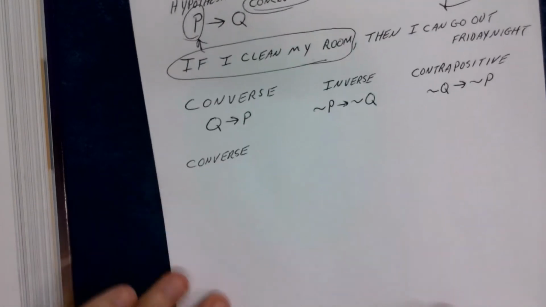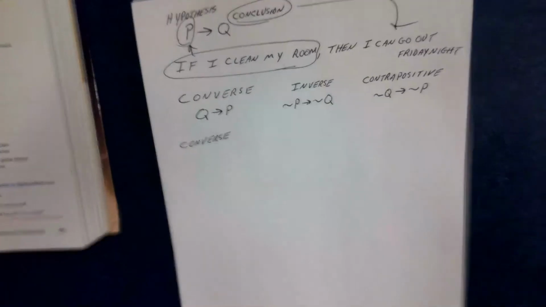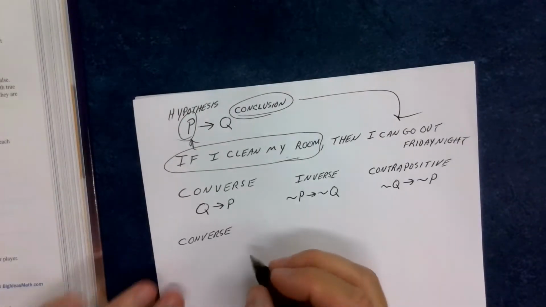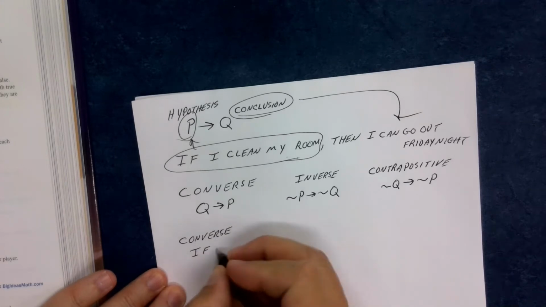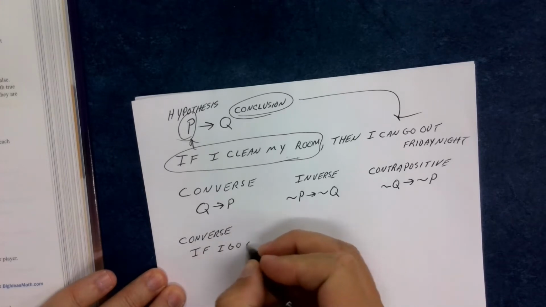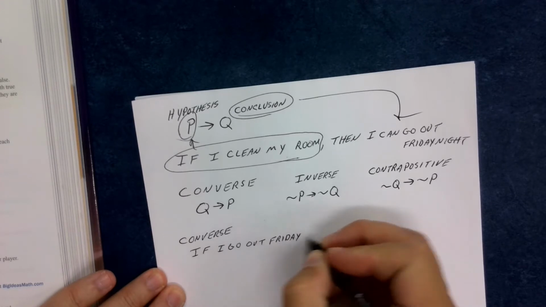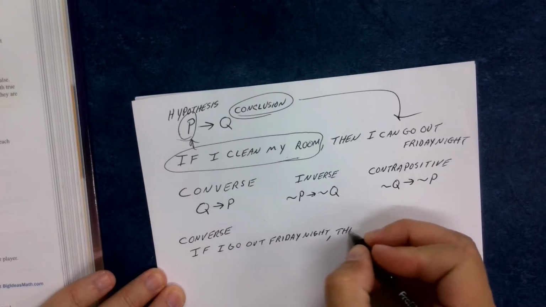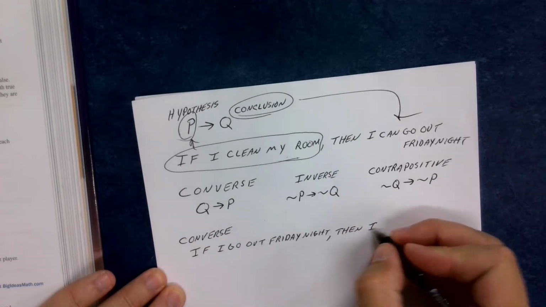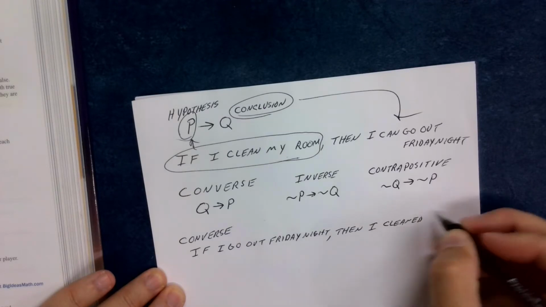First one in more detail here. I'll write it out for you. The converse of the statement would look like this: if I go out Friday night, then I cleaned my room.